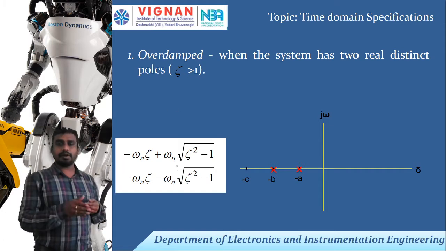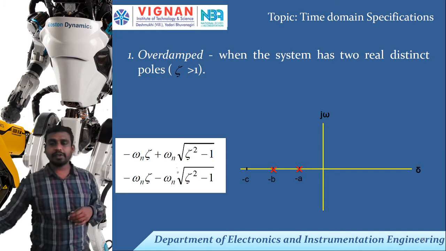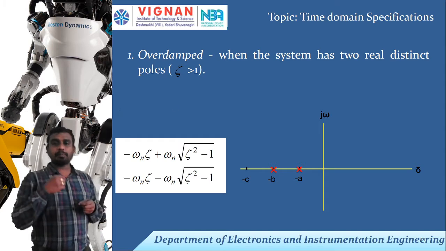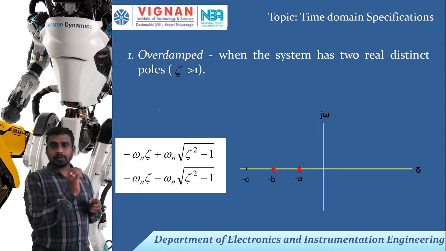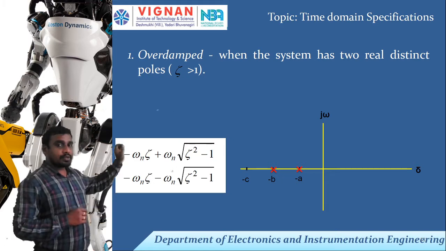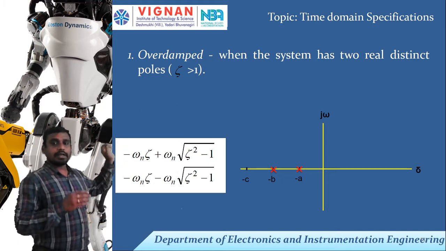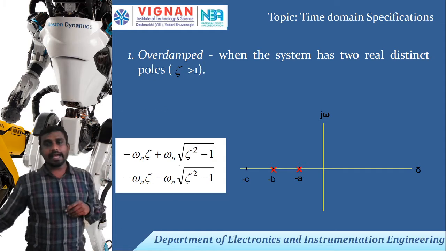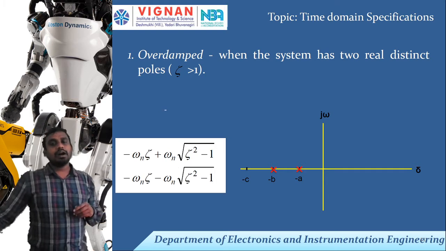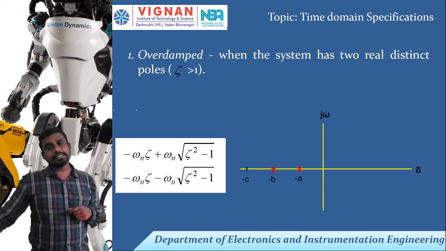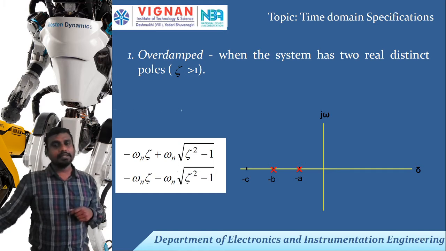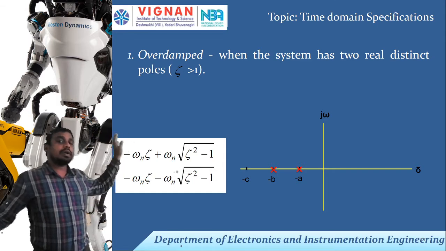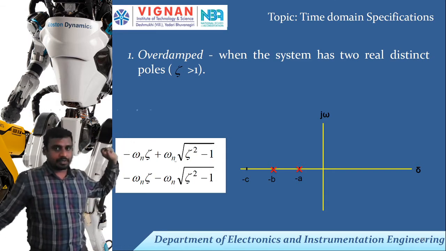That means if you draw an S plane, which has a real axis and an imaginary axis, and point out the value of the poles, with zeta greater than 1 you will get poles which are real and distinct. You can see I have marked the poles with a red mark here. Two poles, minus A and minus B, are placed on the real axis, and this axis is imaginary. Remember, this is for the overdamped system, that is zeta greater than 1, right?